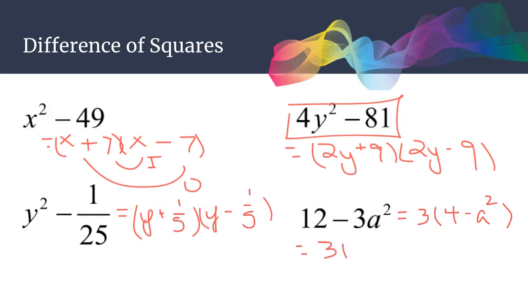And then the stuff that's left, we could actually factor into two separate parentheses. That would be 2 plus a and 2 minus a. So the final answer would be 3 times the quantity 2 plus a and 2 minus a. So 3 different factors total.